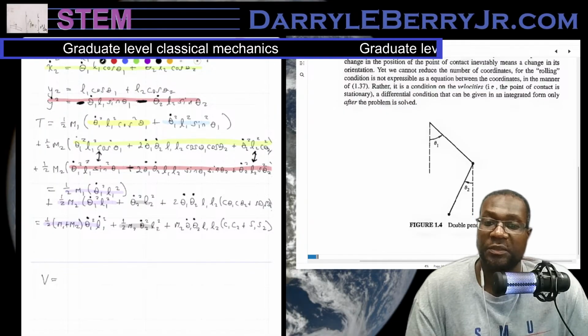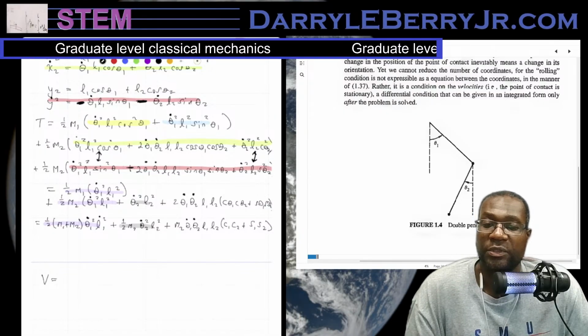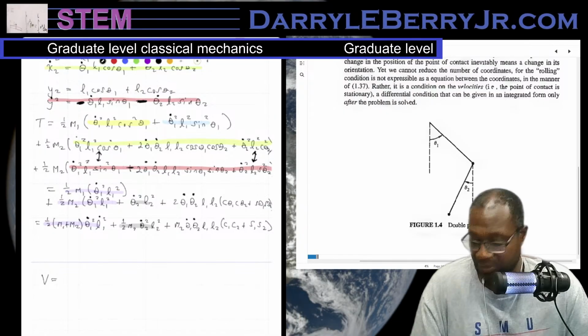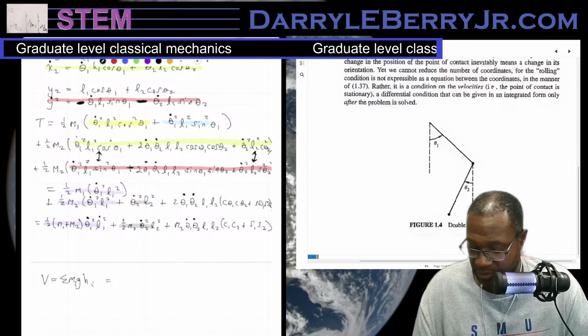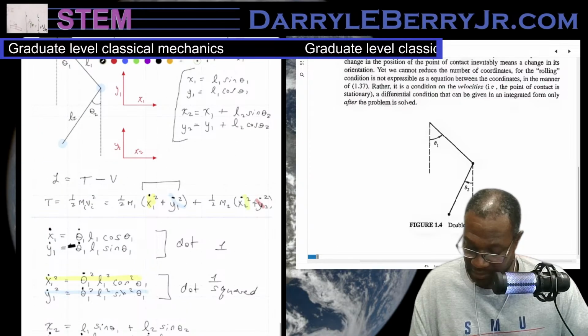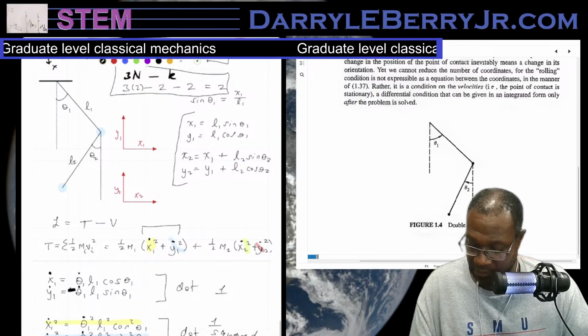So we have these two pendulums. Each of their potential energy individually will be mgh_i. So let me put a summation i here. I think I forgot my summation i up here for the notation.